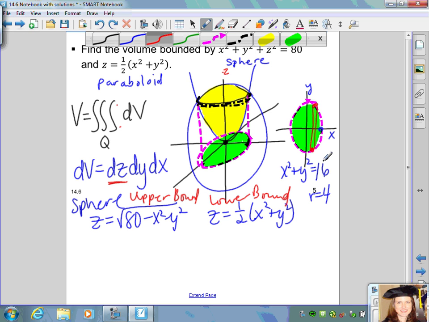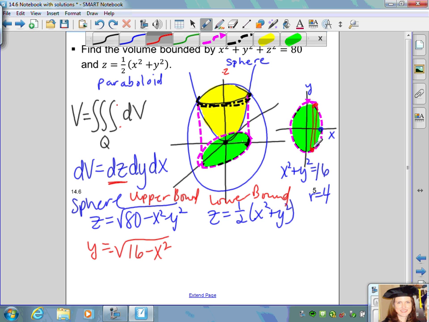Since our equation of intersection is x squared plus y squared is equal to 16, if you solve this for y, the bottom y would be the square root of 16 minus x squared. The bottom of that is going to be the negative part.